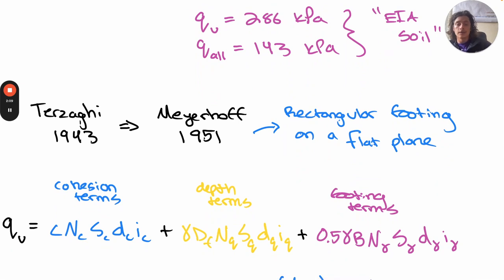Qu is equal to c Nc Sc Dc Ic, plus gamma, depth of the footing, Nq Sq Dq Iq, plus 0.5 gamma B, or the breadth or the shortest dimension of the footing, width, N gamma, S gamma, D gamma, and I gamma.